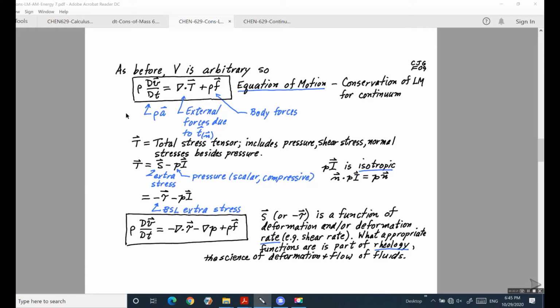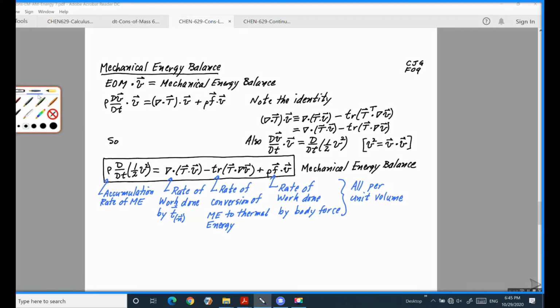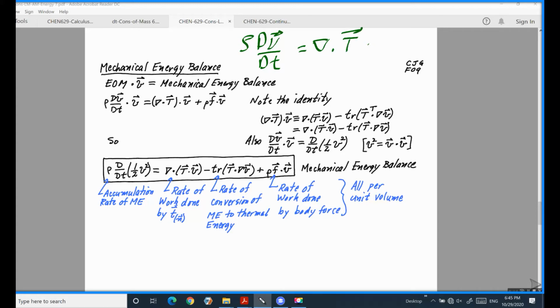We can carry this in here. Okay, what was our equation of motion again? In here, our equation of motion: rho, the gradient of the stress tensor, and rho times the body forces.